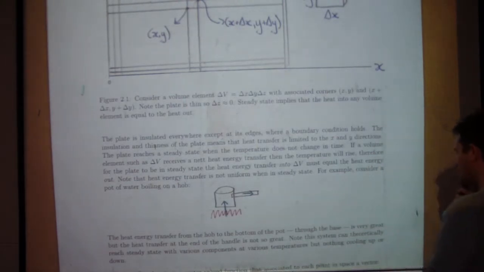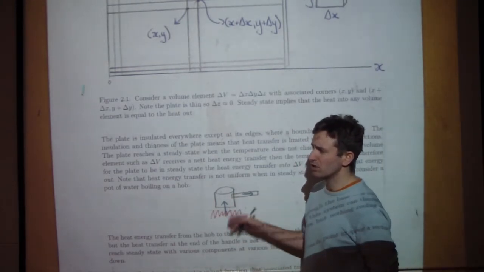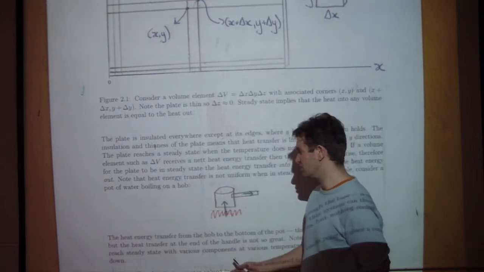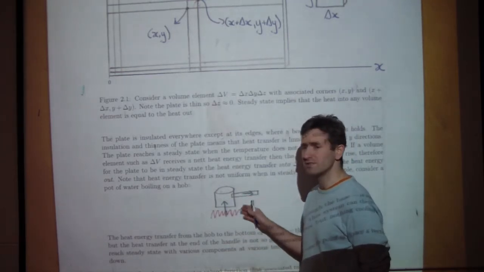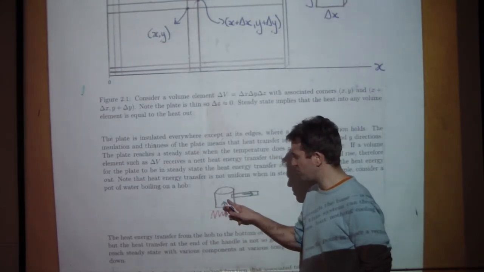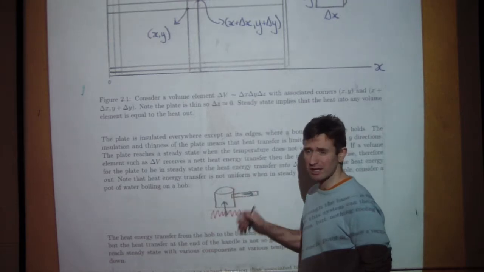Now, this system can theoretically reach steady state with various components at various temperatures, but nothing heating up or cooling down. So this is maybe if we have a low temperature hob, water that isn't boiling, you can reach steady state. There's different heat transfers. There's still going to be more heat transfer at the bottom, but as it comes up quickly, it'll leave the bottom quickly.